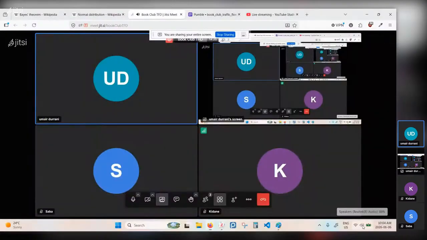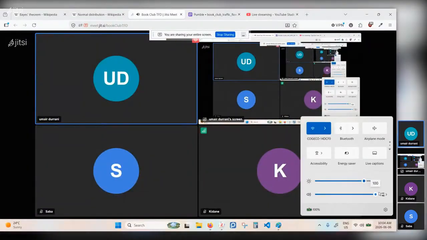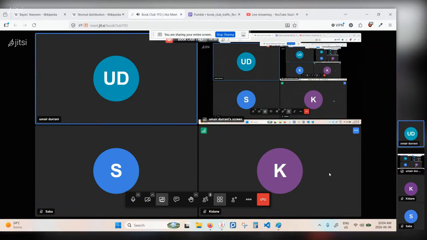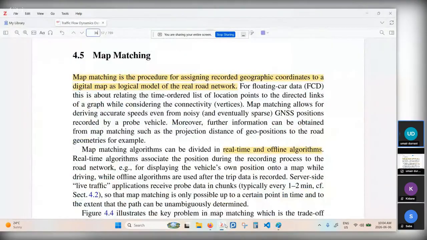So I'm sharing my entire screen. Do you see anything now? Right now it should be sharing the Jitsi screen, but I'm going to switch to Zotero, which has my chapter opened. Now do you see it? Just continue, it's my problem. I'll log out and enter again. Okay, we'll wait for you.